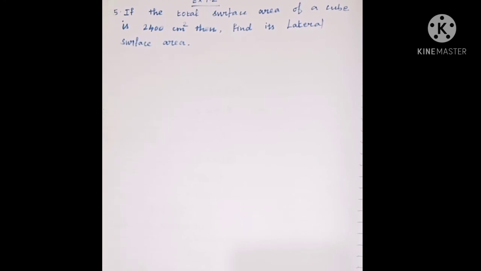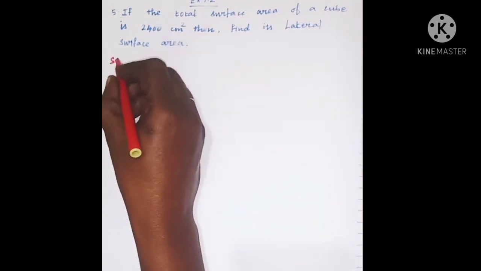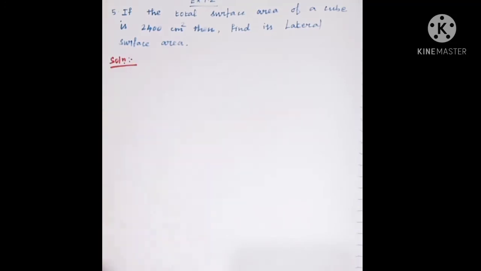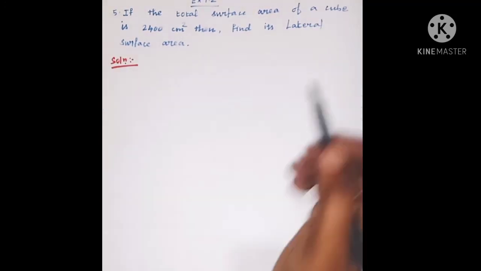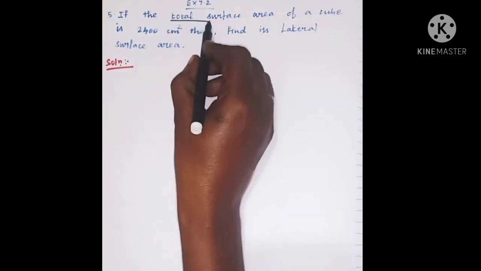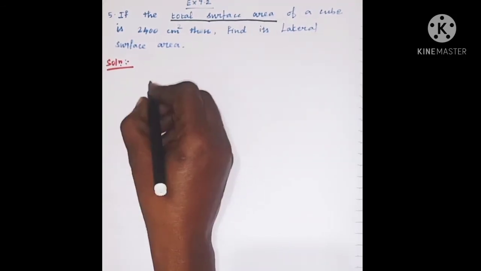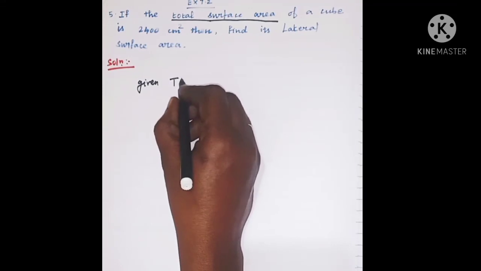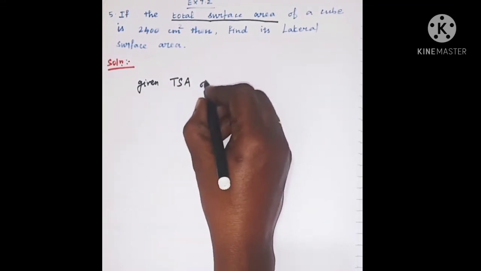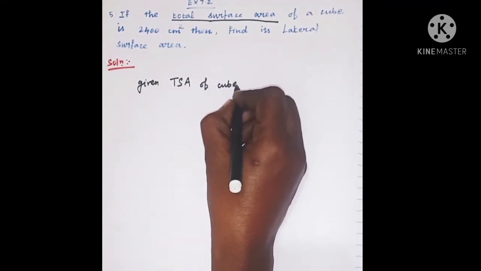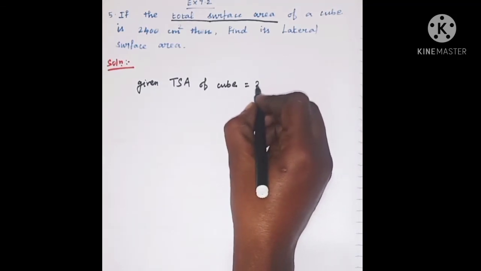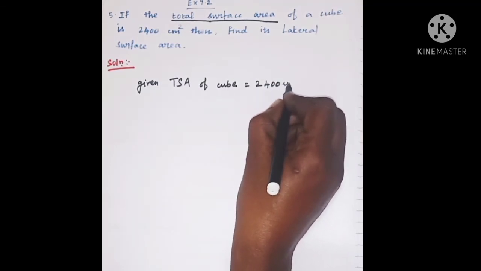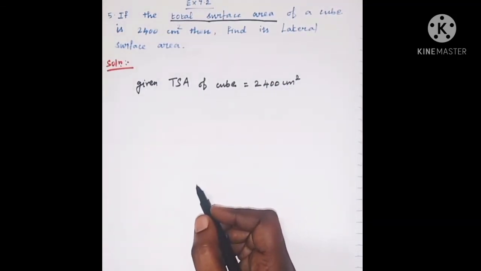Solution. Given: TSA, total surface area of cube, is equal to 2400 centimeter square.